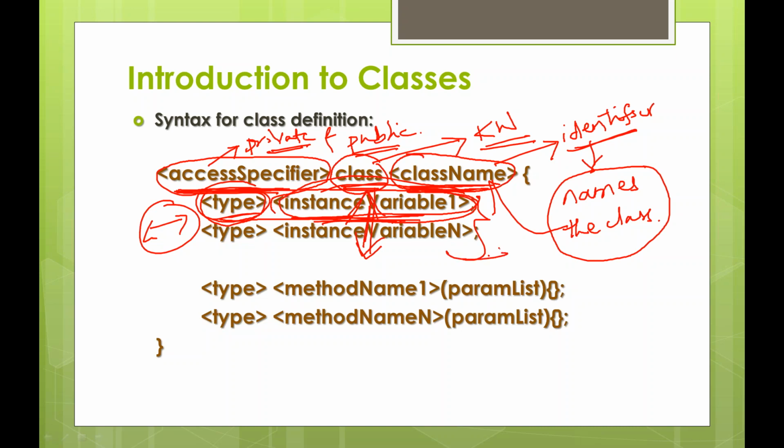As we told, these form your data part, because we store data in these instance variables. Data is whatever it is, like integers with primitive data types or complex data types. Complex data types are your string objects or array objects or any of the user-defined objects or pre-built Java objects.